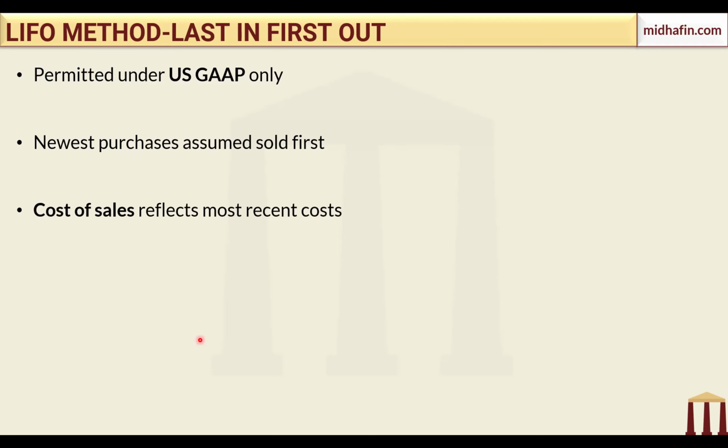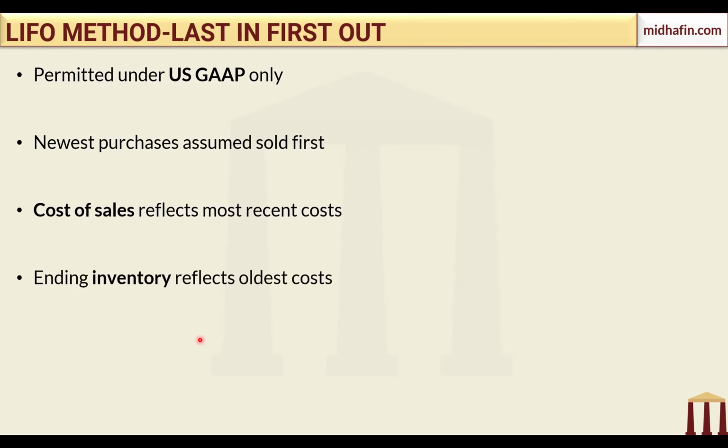Okay, now what about ending inventory? Will it be based on oldest cost or newest cost? Very good. Ending inventory will be reflecting oldest cost. So what remains in the ending inventory is going to be made up of older cost layers.